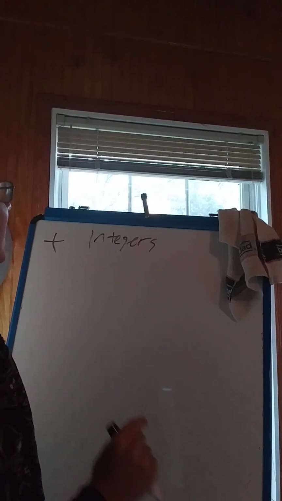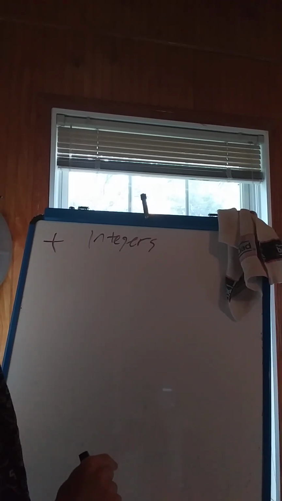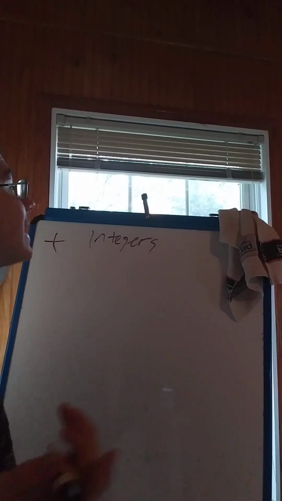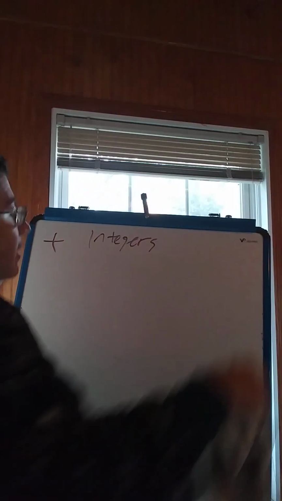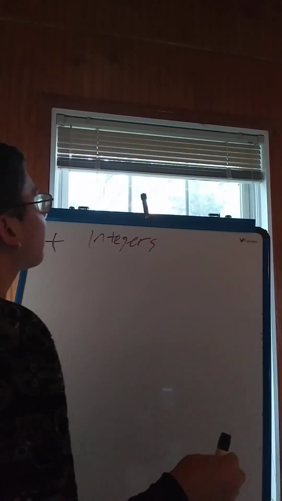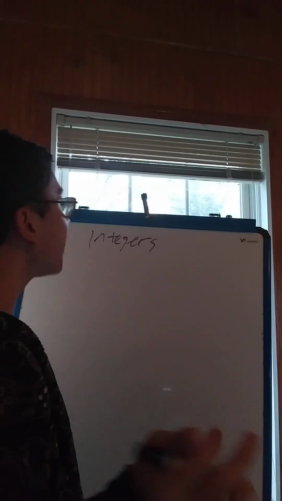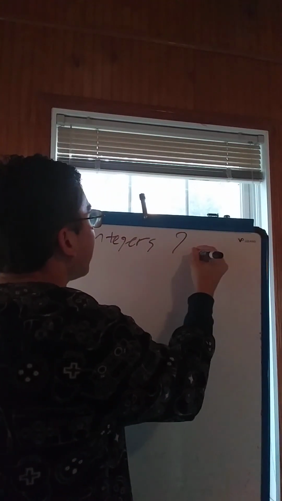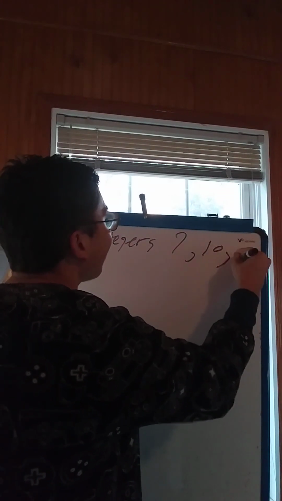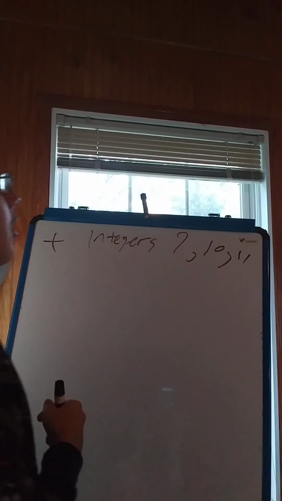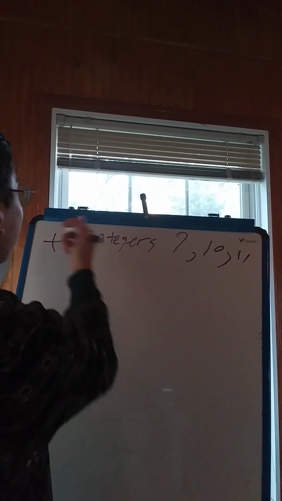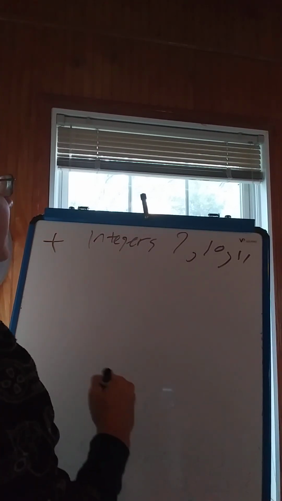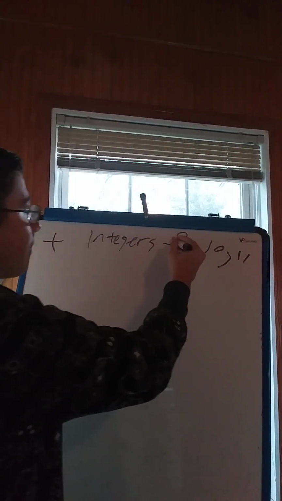Any positive number looks like any regular number. What we consider to be regular numbers are actually positive numbers. So 9, 10, 11, all of these are positive numbers. You don't even need the positive sign in front of the numbers.